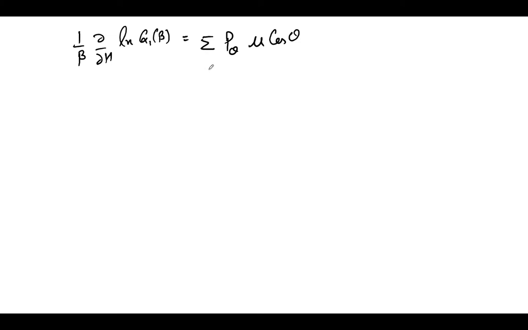The summation of p(theta) is considered as 1, so we can write it as the log of q1(beta) derivative, which is equal to mu into cos theta.